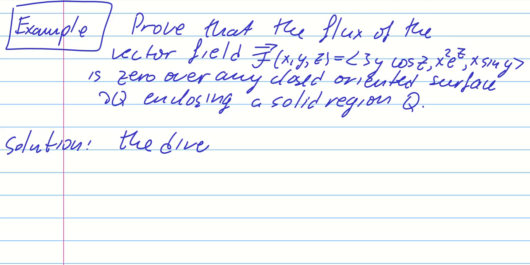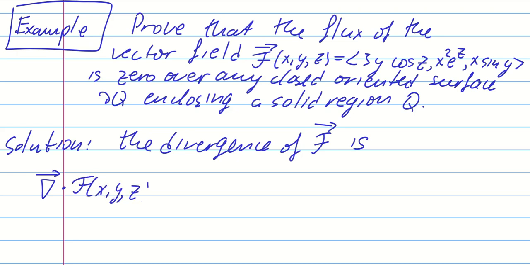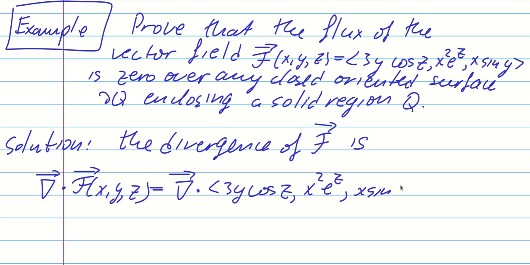The divergence of F is gradient dot F. So it's going to be gradient dot the vector 3y cosine of z, x squared e to the z, x sine of y.